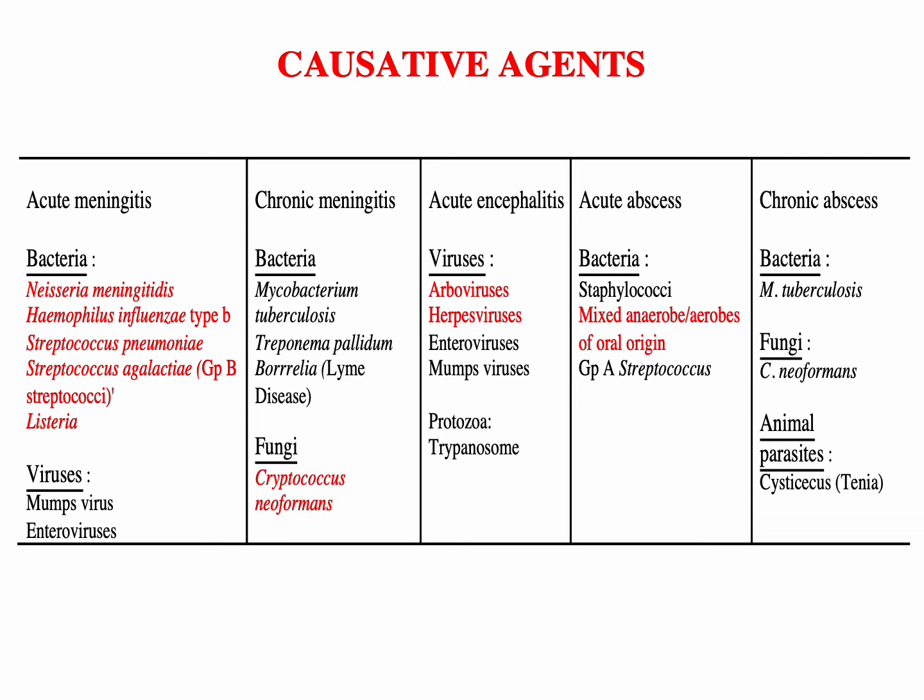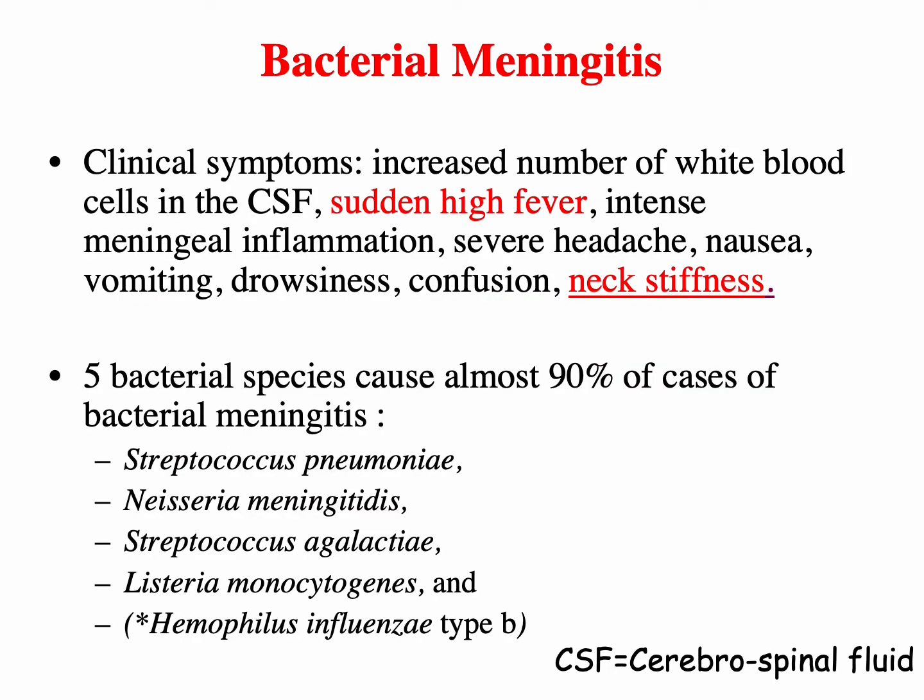We're going to go into meningitis first and discuss some of the features and organisms in that disease. For bacterial meningitis, there are two important symptoms that you should know, because these are a hallmark of bacterial meningitis: a sudden onset of high fever, and neck stiffness.